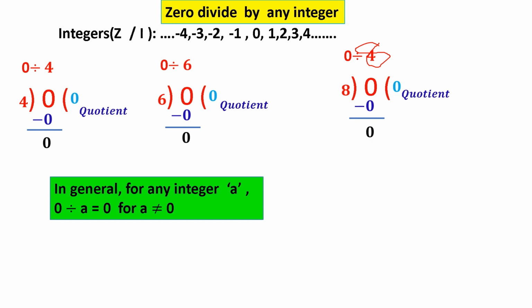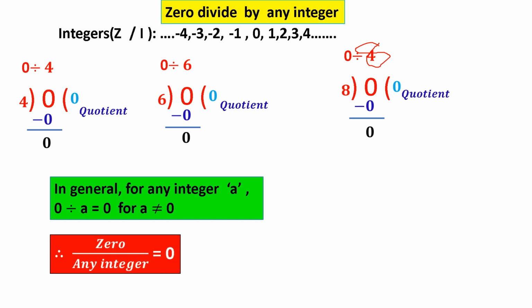If a is not equal to 0, 0 divided by a, we always get 0. It means 0 divided by any integer, positive or negative, we will get the same answer, 0.